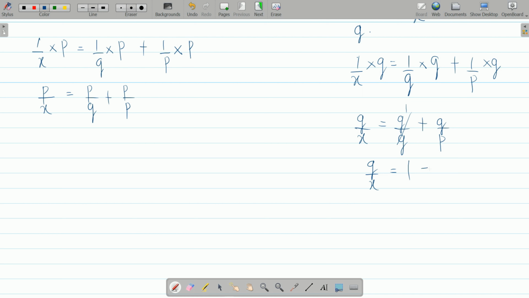Finally, we can write q over x equals 1 plus q over p. We can also write p over x as p over q plus 1 since p over p is 1.